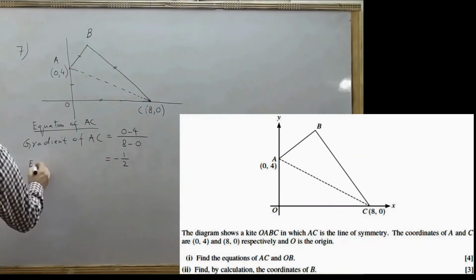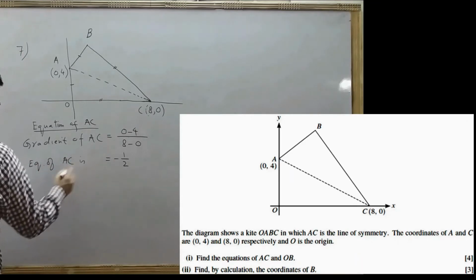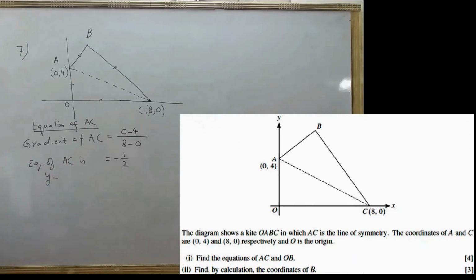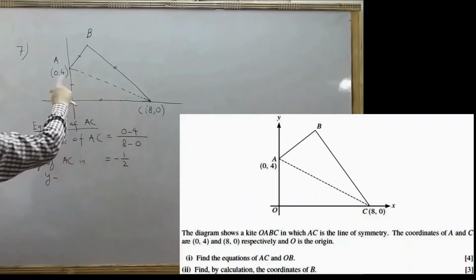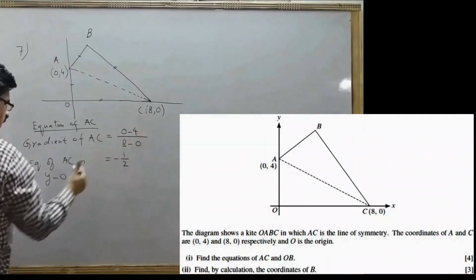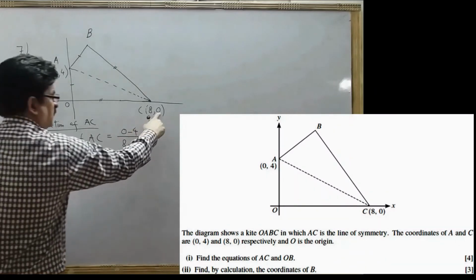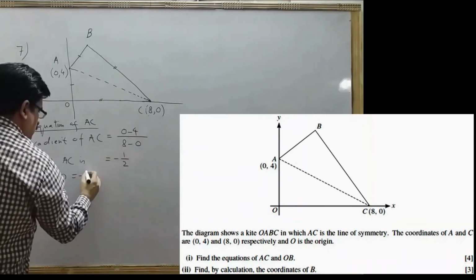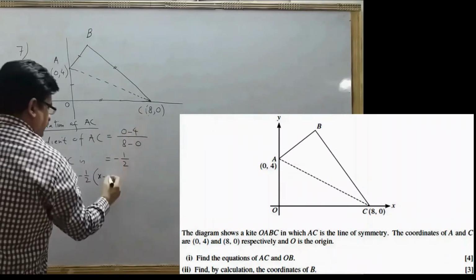Now equation of AC is y minus y1. Now you have 2 points A and C. You can use any one of these. So I use this point as x1 y1. So y minus y1 will be 0 equal to minus 1 over 2 into x minus x1.